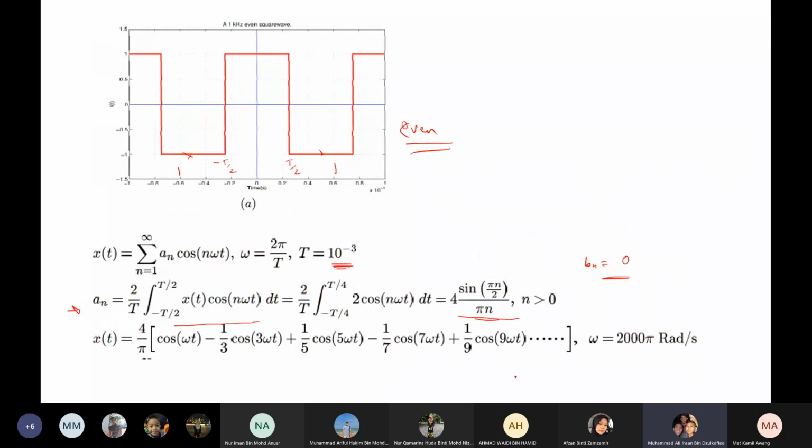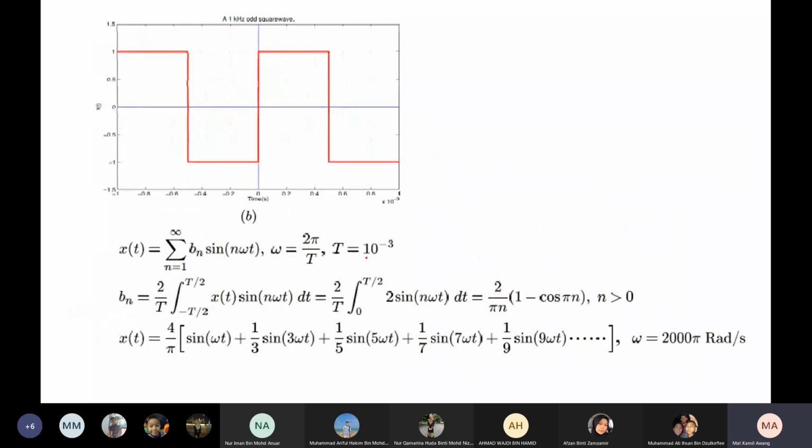So if you expand it, you get this is the first term, second term for your trigonometric Fourier series for the given function. And this is when you shift it to the odd function.